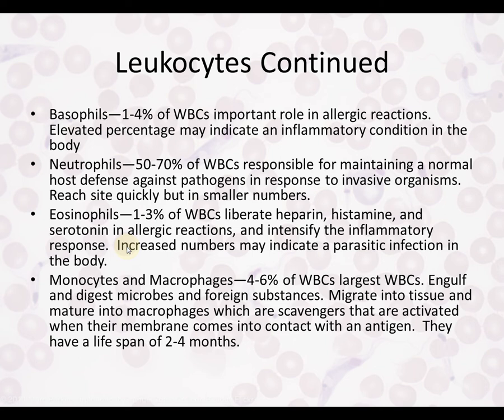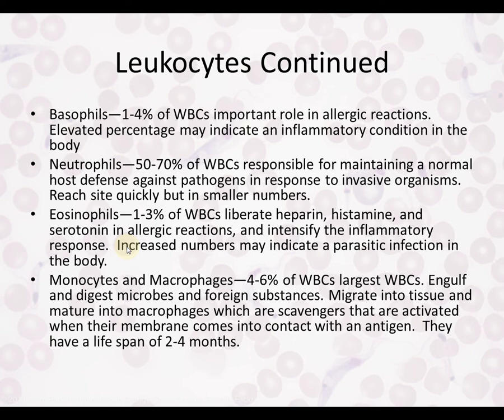Monocytes are the largest of the white blood cells and make up 4 to 6% of the total leukocyte count. Their function is to engulf and digest microbes and other foreign substances. Monocytes migrate from the blood to various tissues where they mature into macrophages.